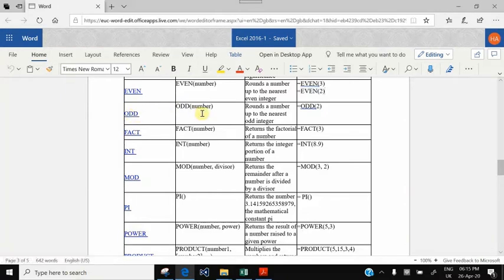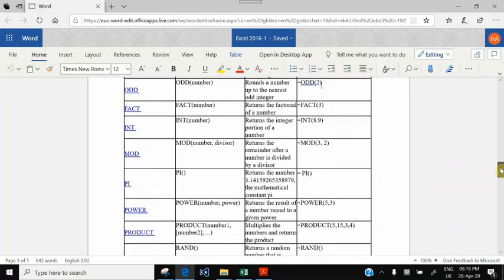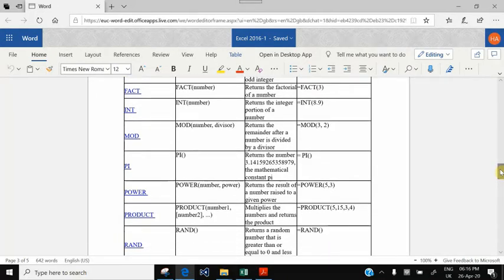Odd returns a number rounded up to the nearest odd integer, so odd 2 will give you 3. That means an odd number. Fact returns the factorial of a number, fact 3.